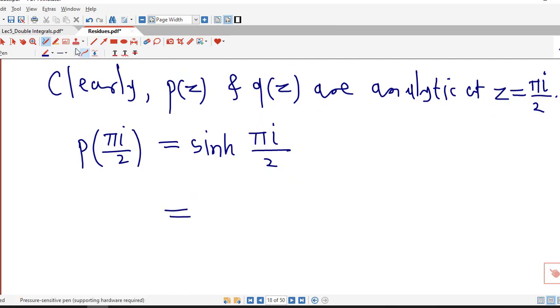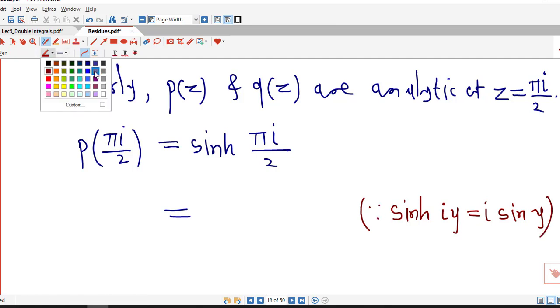Now to find this value, we remember the relationship between hyperbolic and trigonometric functions. If we have sine hyperbolic i y, then it is equal to I sine y. So using this result, here instead of y we have pi by 2.